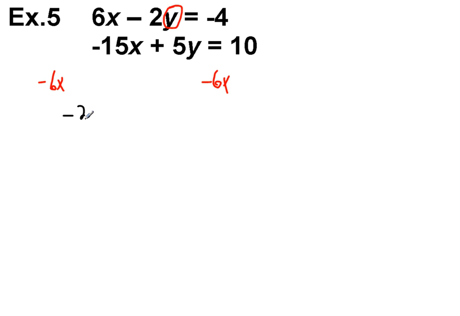I will still have negative 2y. And then on this side, maybe I'll write negative 6x minus 4. Then divide everything by negative 2. It's important that you know that this is still negative next to the 2 next to the y.